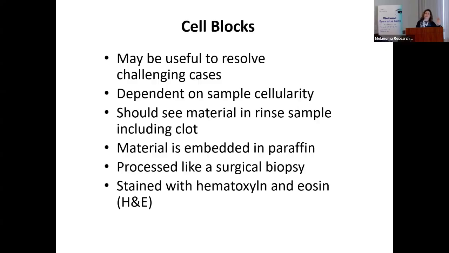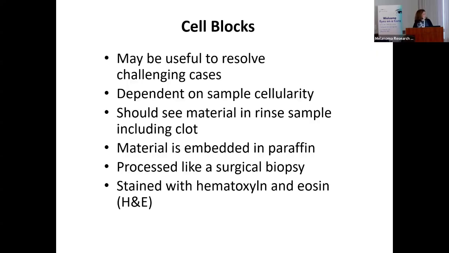So we take cells, we spin them down, we embed them in paraffin wax, which I know sounds very weird if you're not a pathologist, but that's what we do every day. We embed them in wax and we cut very thin sections. The wax just stabilizes the cells so we can cut sections. And then we look at those under the microscope.